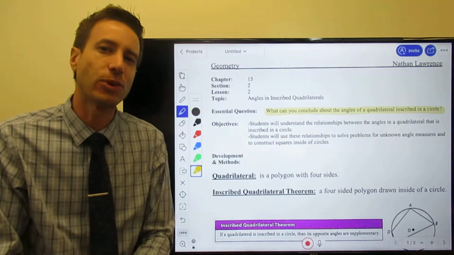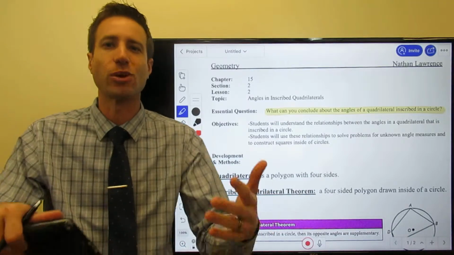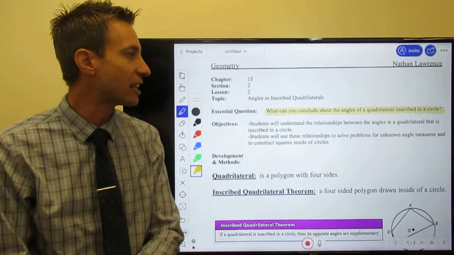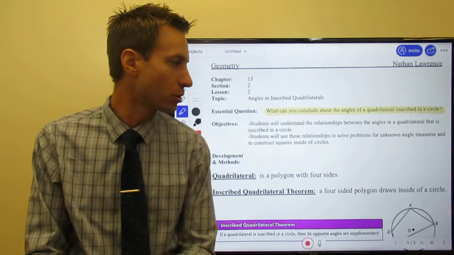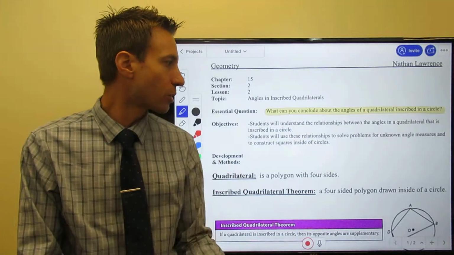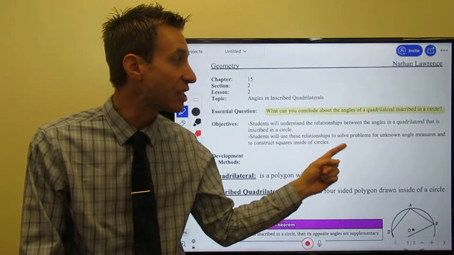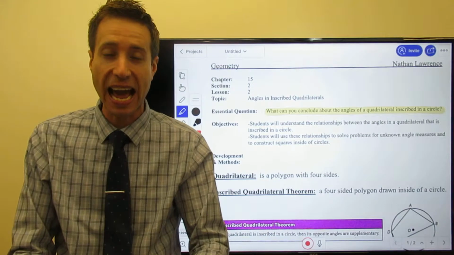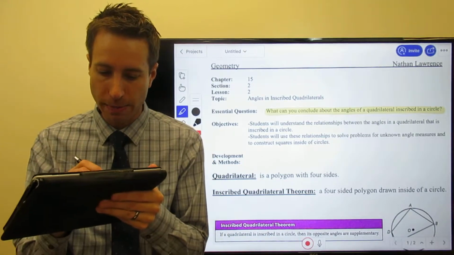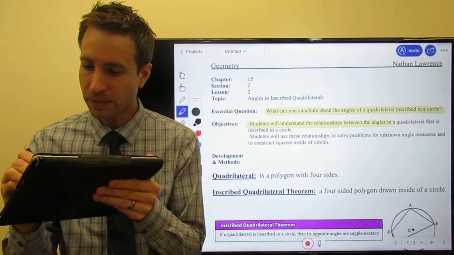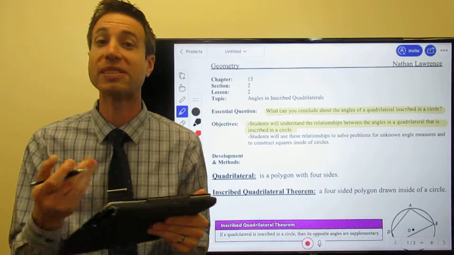Well, there's a few things that we need to talk about first. A couple of things you need to be able to do in order to answer that question about the angles of a quadrilateral. The first thing is to understand the relationship between the angles of those inscribed quadrilaterals. There are some relationships that exist.